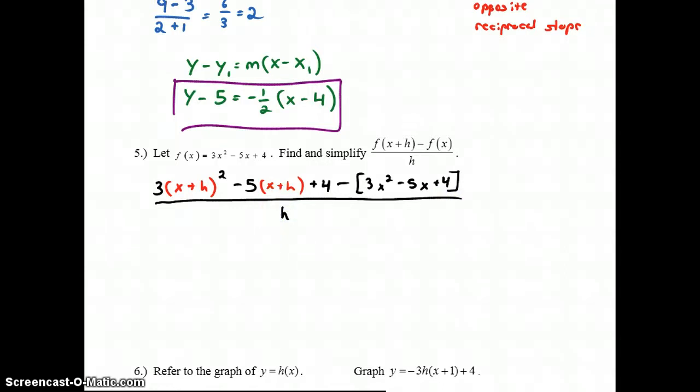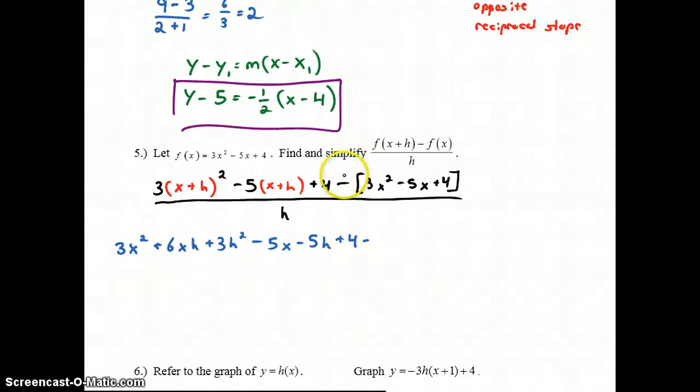Now, things have to get a little bit more expanded before they get simpler. Let's take x plus h squared and multiply it by 3. You'll get 3x squared plus 6xh plus 3h squared, minus, distributing that 5, 5x minus 5h plus 4 minus 3x squared.